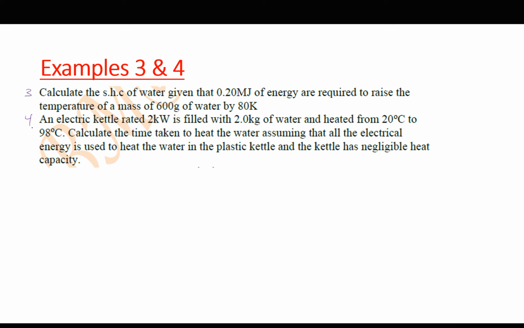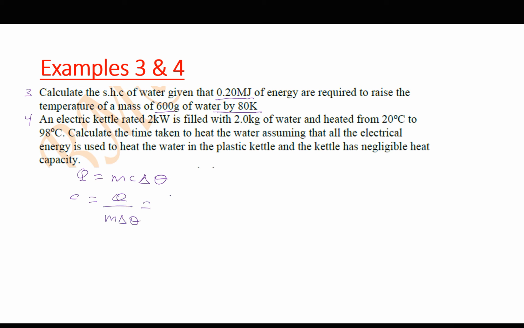Calculate the specific heat capacity of water, given that 0.2 megajoules of energy are required to raise the temperature of this mass by that. This is the change in temperature. So amount of heat supplied is equal to mass times specific heat capacity times change in temperature. We want C. C will be the amount of heat supplied divided by m delta theta.